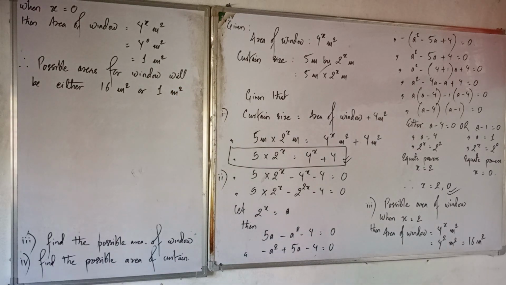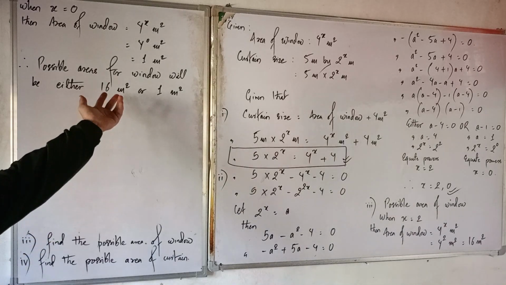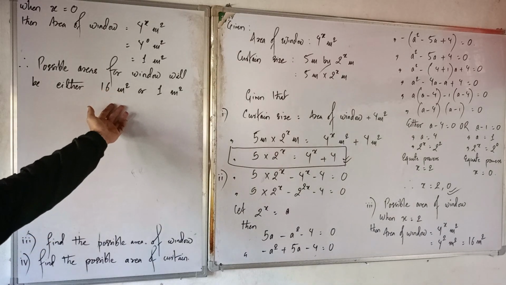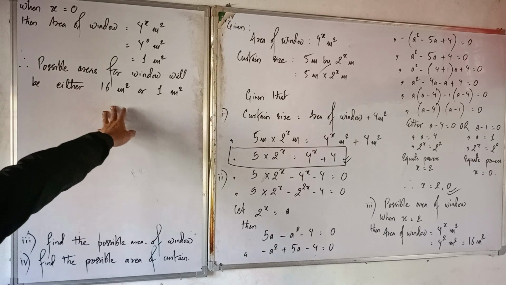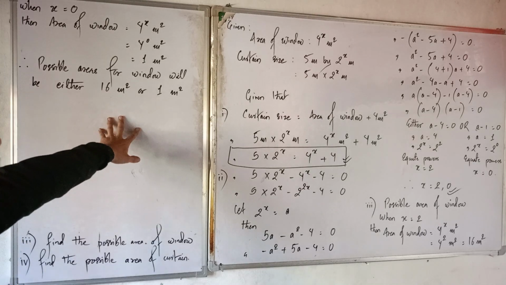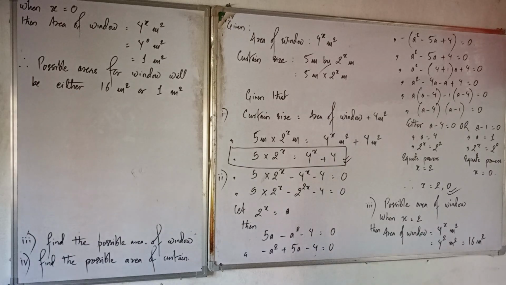These are two possible areas for window. If you substitute the value of x by 2, you will get 16 meter square, and if you substitute the value of x by 0, you will get 1 meter square.